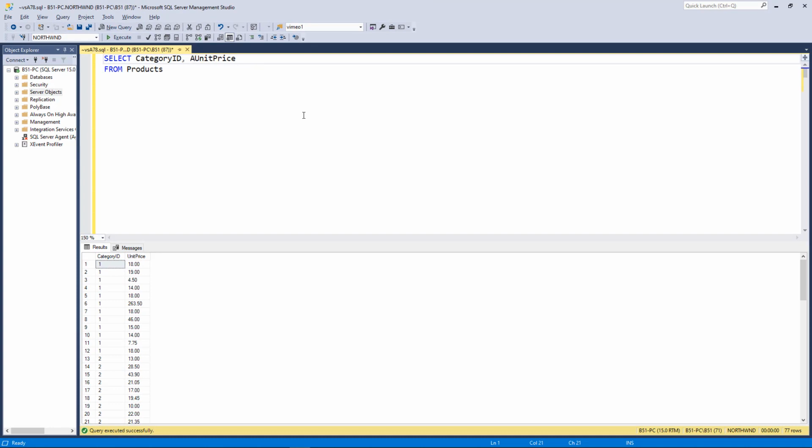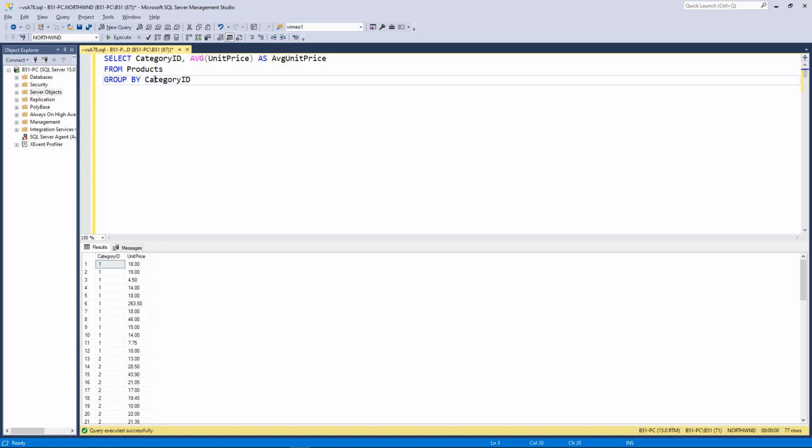If we write average of the unit price, and let's call it average unit price. After we write an aggregated field, average, we must immediately write group by, and insert here the columns that we want to group it by.